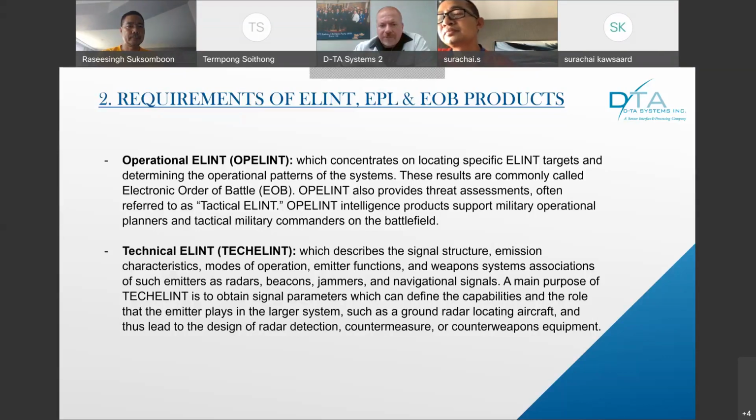A main purpose of tech ELINT is to obtain signal parameters which can define the capabilities and the role that the emitter plays in the larger system, such as a ground radar locating aircraft, and thus lead to the design of the radar detection, countermeasure, and counter weapons equipment.